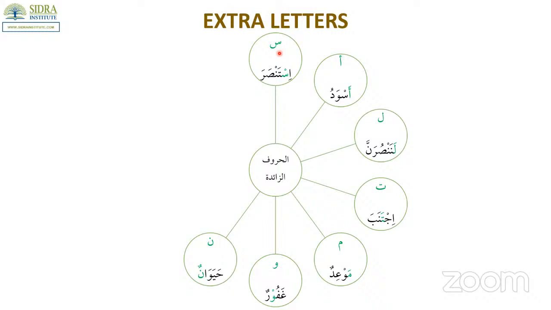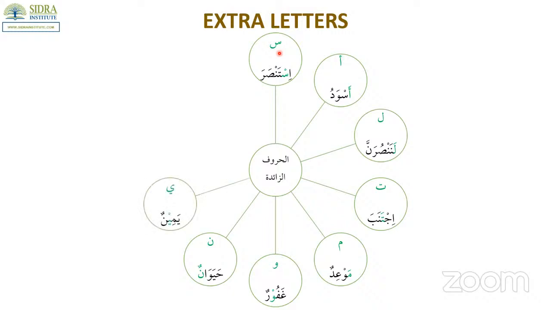So we can see that ain, ta, sheen are the root letters, and alif and noon are the extra letters. Jaw'an, someone who's hungry: jim, waw, and ain. Shab'an, someone satiated, someone who's full: sheen, ba, and ain. Alif and noon are the extra letters.